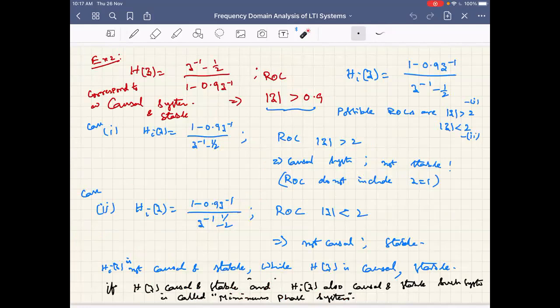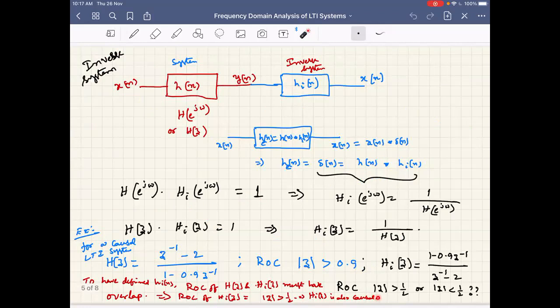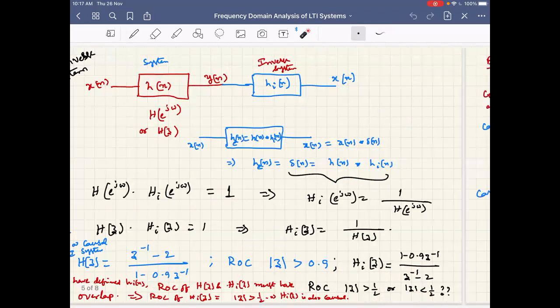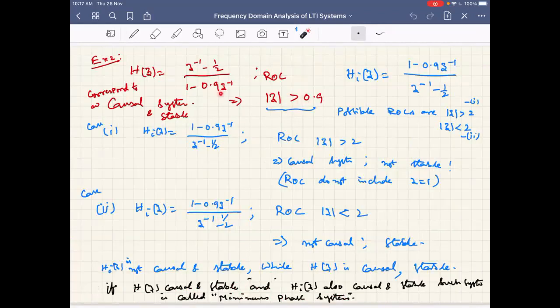In one, the inverse system can also be causal and stable, just like the original system. But in another example, the original system may be causal and stable, but the inverse system can be causal but not stable, or stable but not causal.